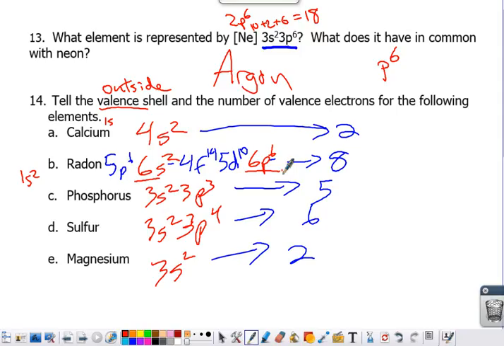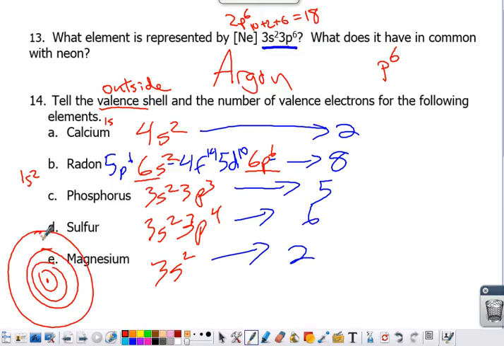But I think we all agree 4 is less than 5, which is also less than 6. So the 6th layer, so you got the 1, 2, 3, 4, which is where the 4f is, 5, which is where the 5d is, 6, which is where our s and p are. Those are the ones that are on the outside.